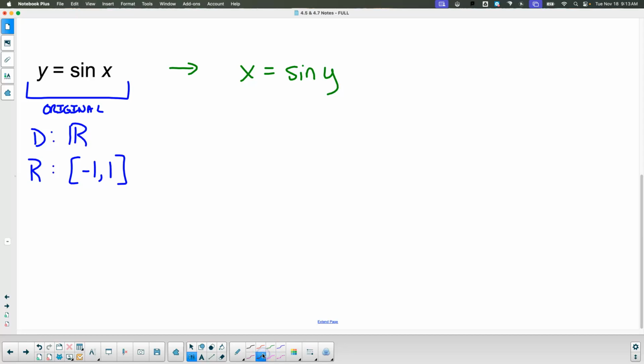Which we would write then as y equals the inverse sine of x. And this would be my inverse function.